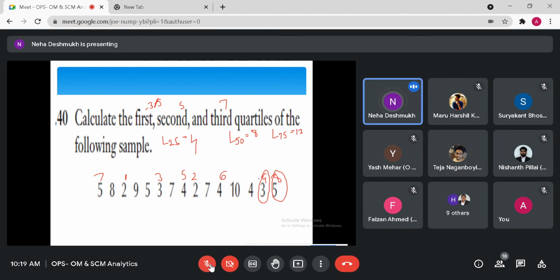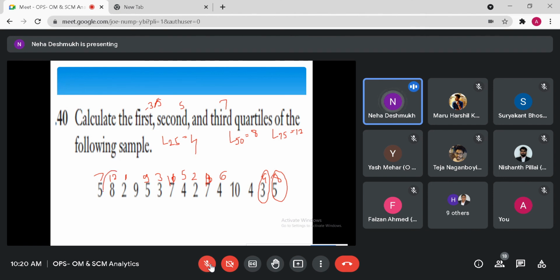8, then after 8, I think it is 9. Then 10. No, ma'am, there is also 5 there. Yes, this is 9. Then 10, then 11, then 12. One more 7 is there?